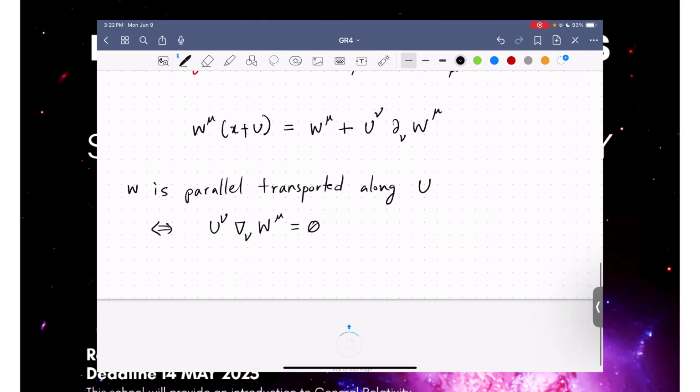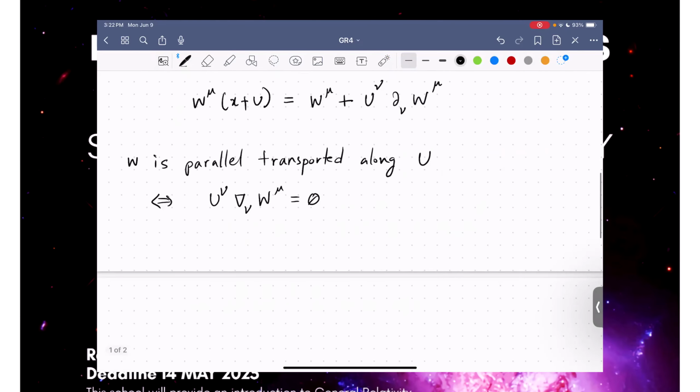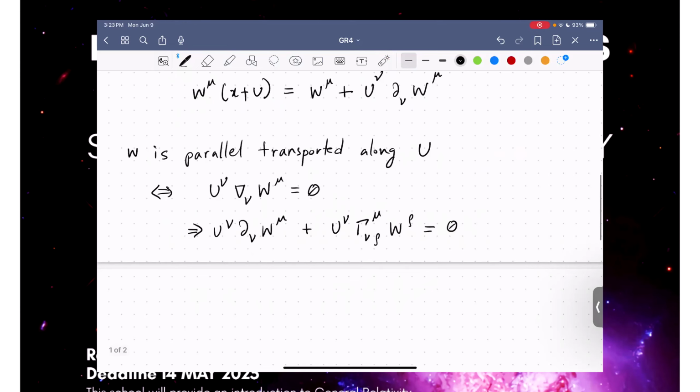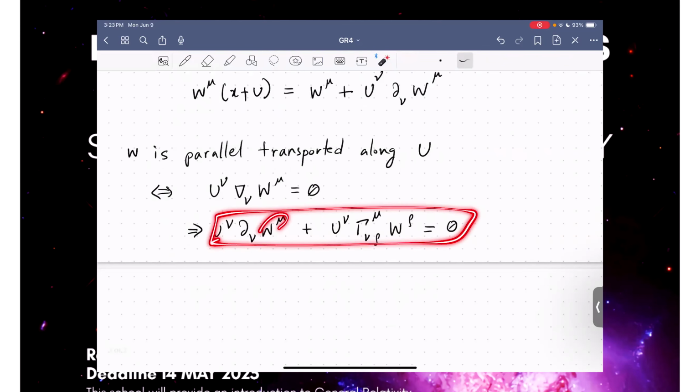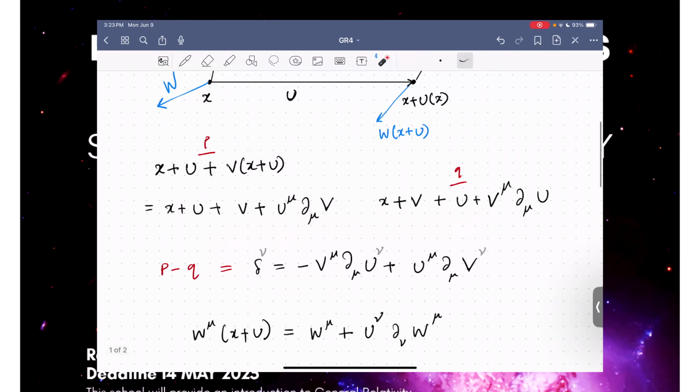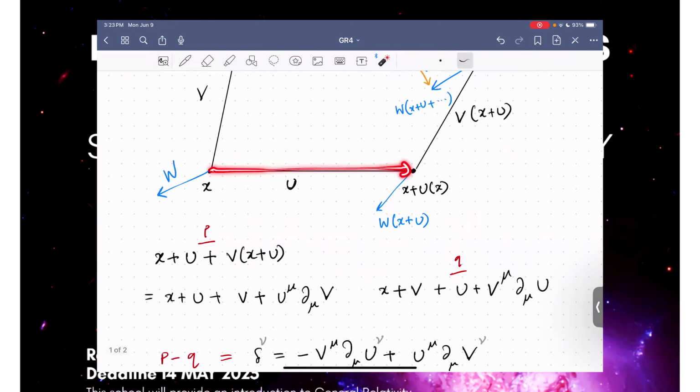And what was our expression for the covariant derivative? Recall that it starts with the partial derivative, and then you have a term involving the Christoffel symbol. So this was the condition satisfied by W if it is being parallel transported from x to x plus u.